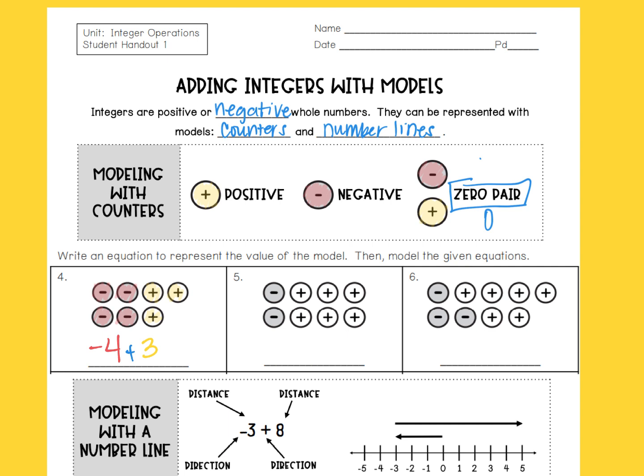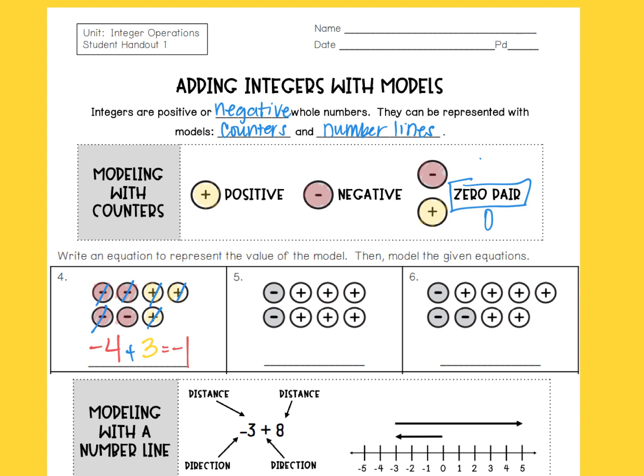So I'm going to cancel out 1 red and 1 yellow. That's 1 zero pair. 1 red and 1 yellow, and 1 red and 1 yellow. I've canceled out all of my 0 pairs, so all I have left is 1 red counter. That means my answer is negative 1. Negative 4 plus 3 equals negative 1.